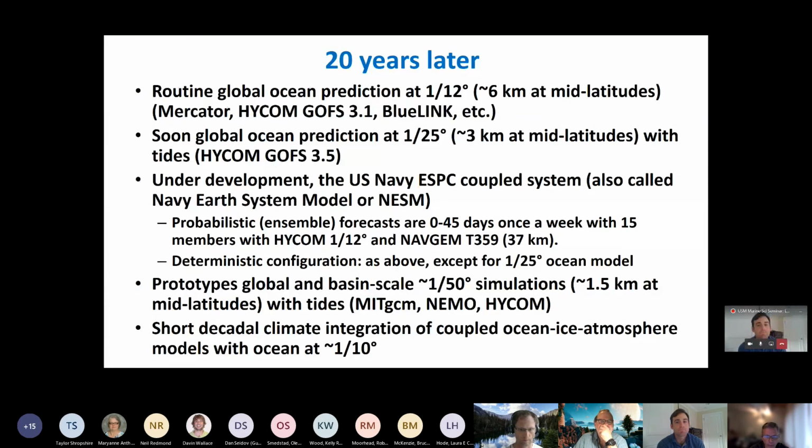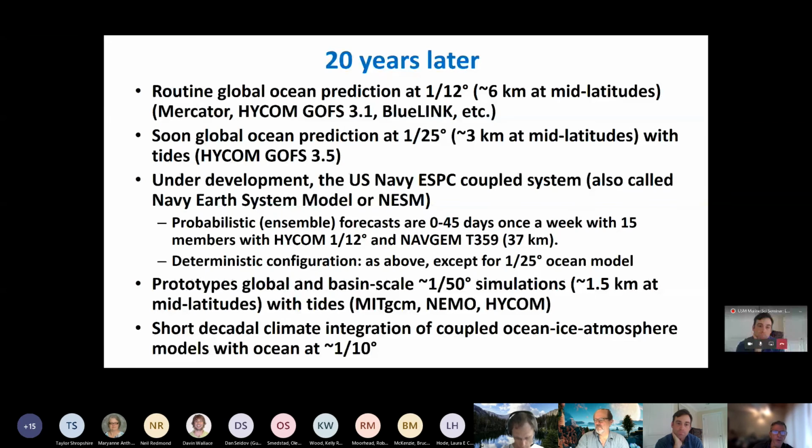I'll get back to HYCOM. And then, 1/10th of a degree: how is it used within the climate community? There is a lot of interest in trying to determine the impact of eddies in the coupled long-term climate integration, but it's also very demanding computer-wise, so there's not that many yet.